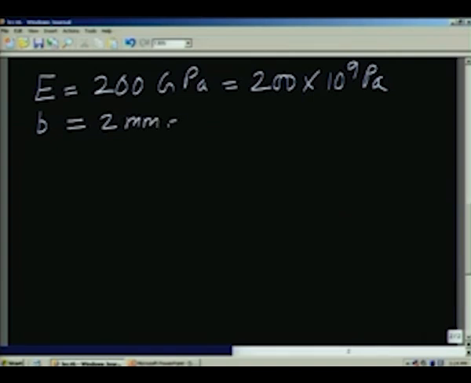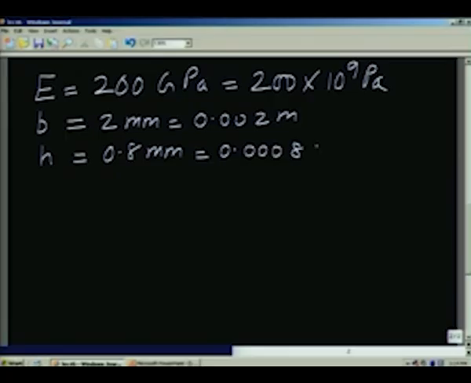I will convert everything into SI units, so this becomes 0.002 meter, and the thickness of the beam h is 0.8 millimeter, which will be 0.0008 meter. The length of the beam is given as 25 millimeters, which is 0.025 meter. So, we can calculate the moment of inertia of the section.